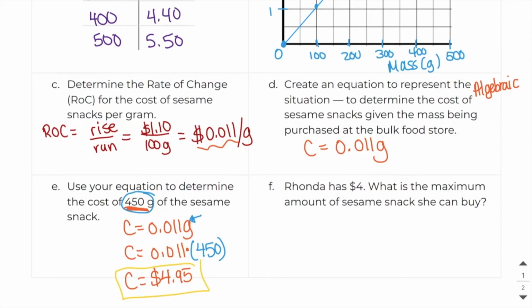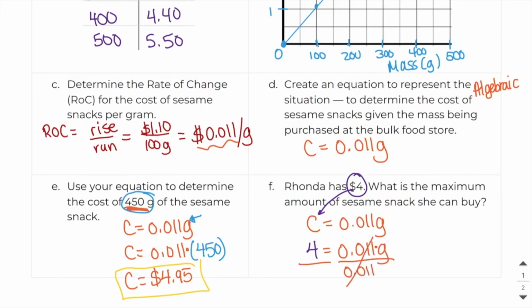So we're going to use our equation again. And we know that she has $4 and that's the cost. So this time I'm going to put the 4 in for the C. So I'm going to say 4, and then I'm going to copy the rest of this equation down. So 4 equals 0.011 G. To solve for G, I have to get rid of that multiplication, and the opposite of multiplication is division. And whatever I do to one side, I do to the other side.